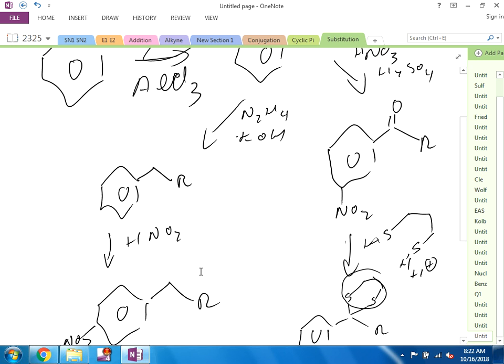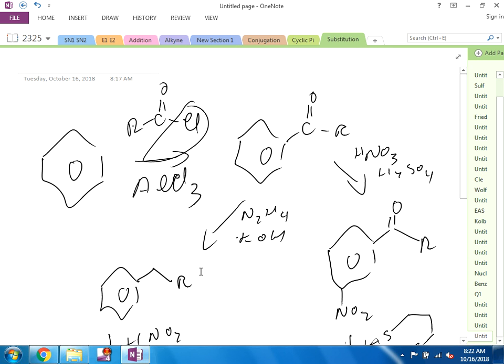Study this one again. Let's go through it one more time just to show you that we can control things right here. So I did Friedel-Crafts acylation, something we covered the other day. In one case, I proceeded to use the carbonyl as a meta-director. I kept the carbonyl right there, and then I went ahead and reduced the carbonyl by using one of the three methods.